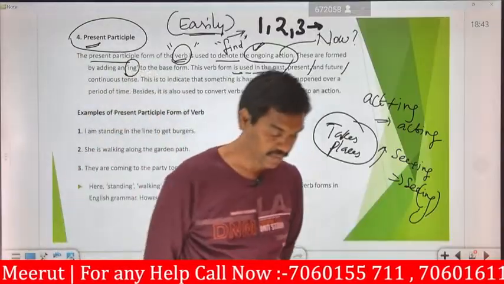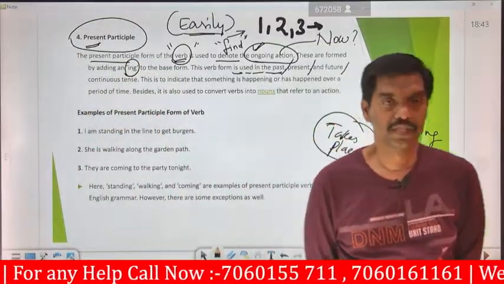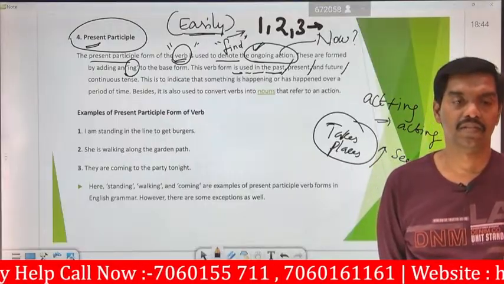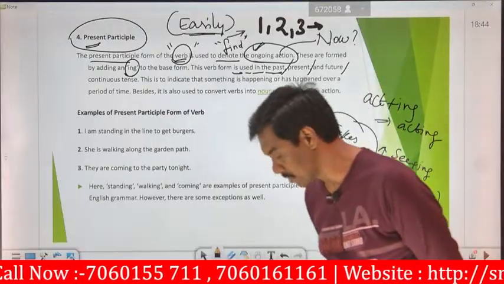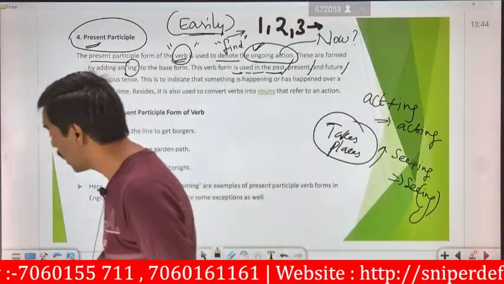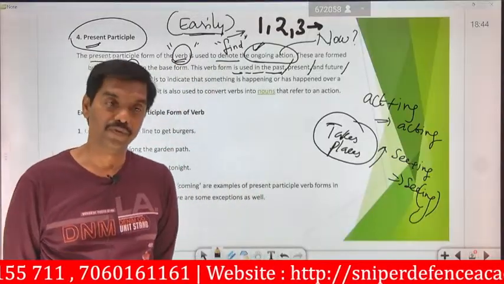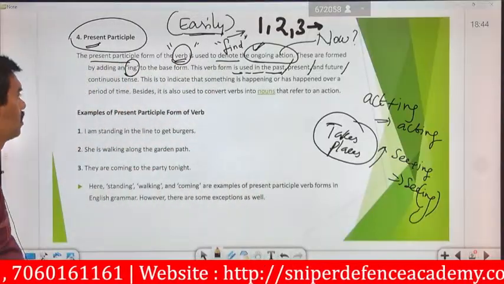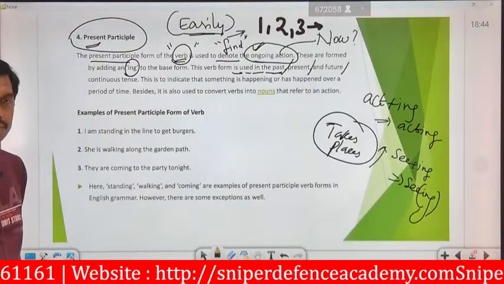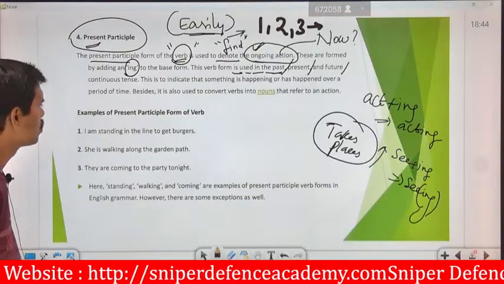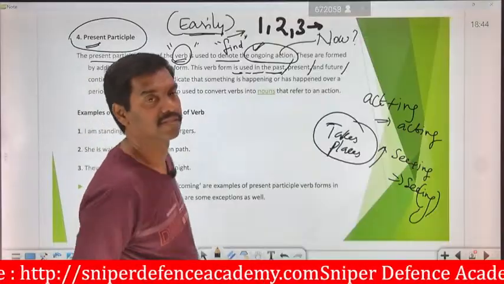Okay, so that is the main thing they are saying, that this present participle will act in terms of present, past and future. Okay, what is that? Future continuous tense. So what does it say? That is a question.